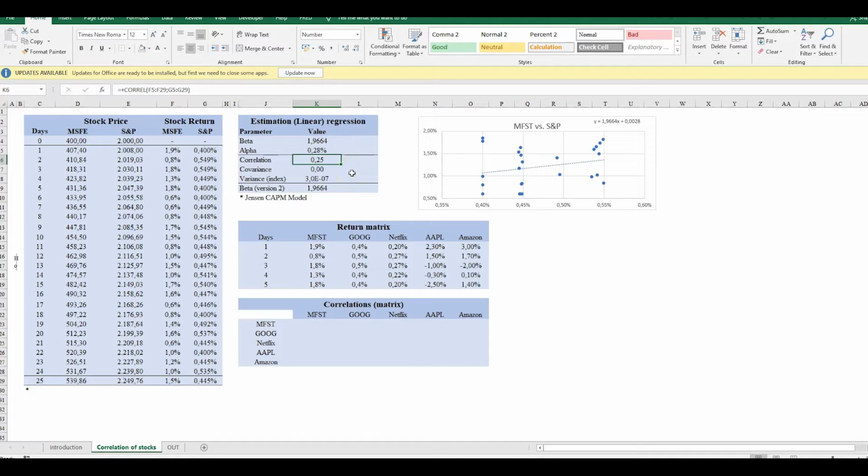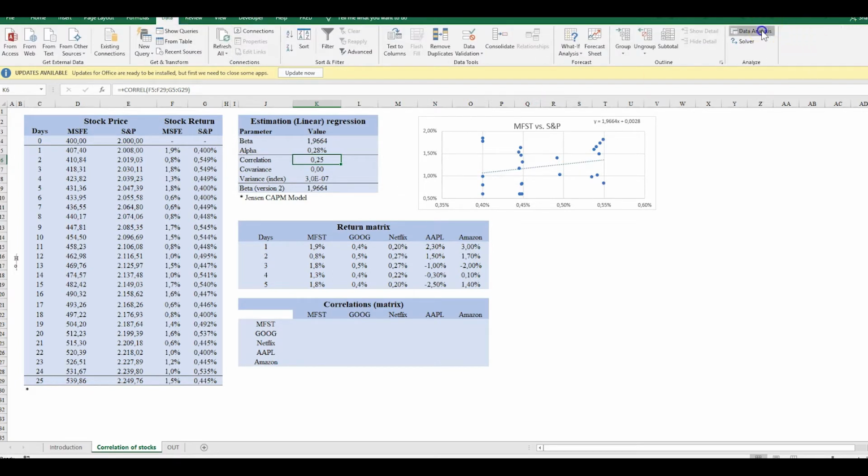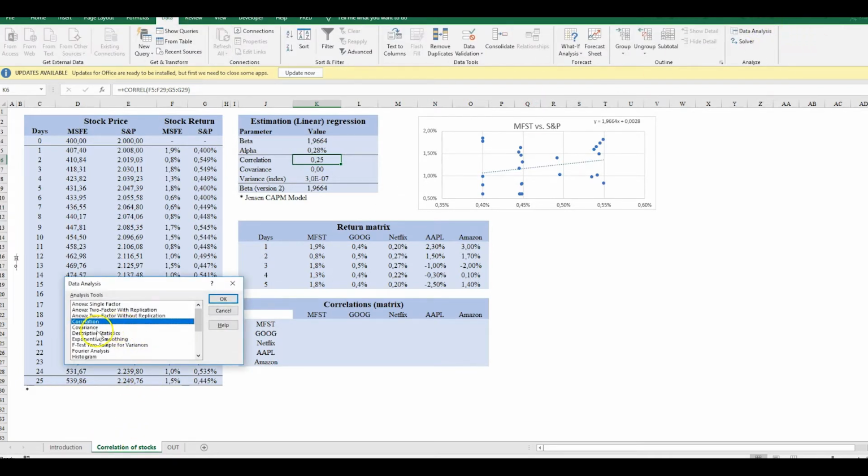So what I will do instead is just to use a regression functionality inbuilt and calculate and use the R squared from there.